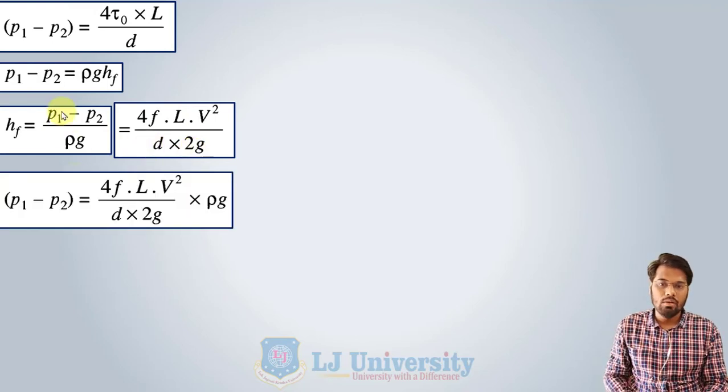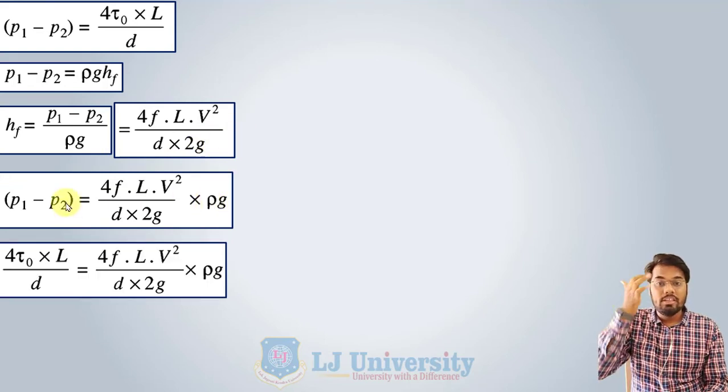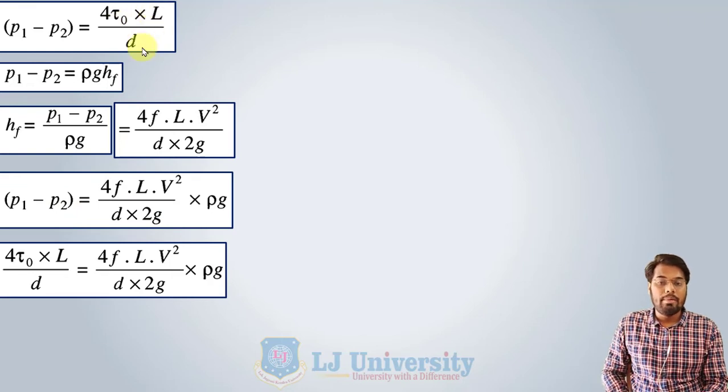Now from this equation, P1 minus P2 is equal to 4 f L V square by d into 2g, with rho g going in by cross multiplication. Instead of P1 minus P2, we can put 4 tau L by d, and equate with this value.